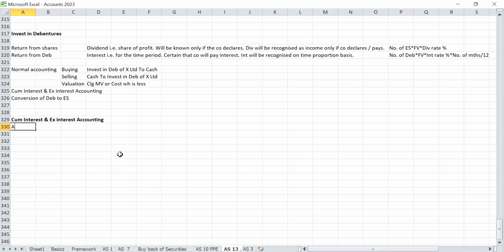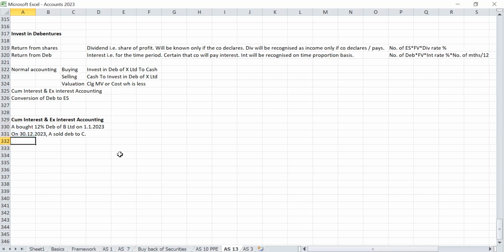Assume A bought 12% debentures of B Limited on 1st January 2023. On 30th December 2023, A sold the debentures to C. This is the case.